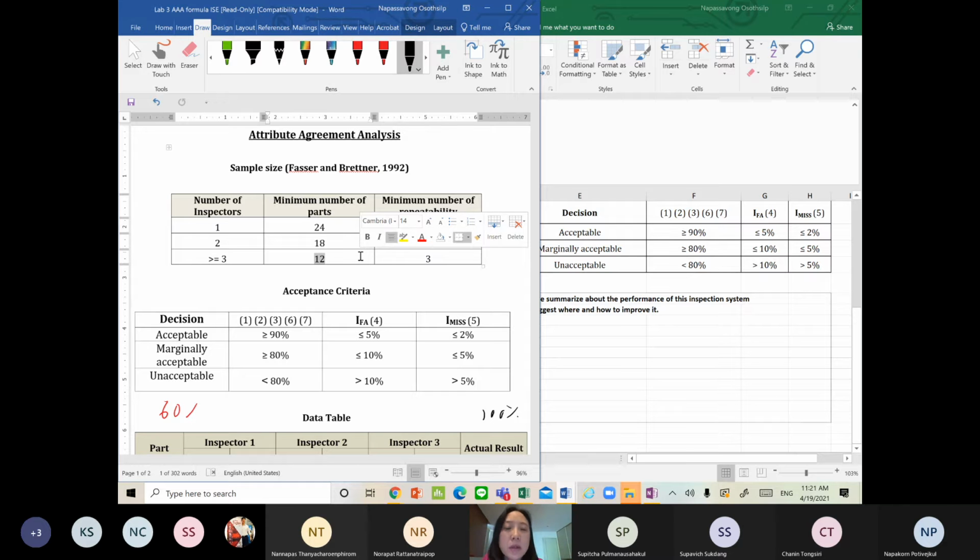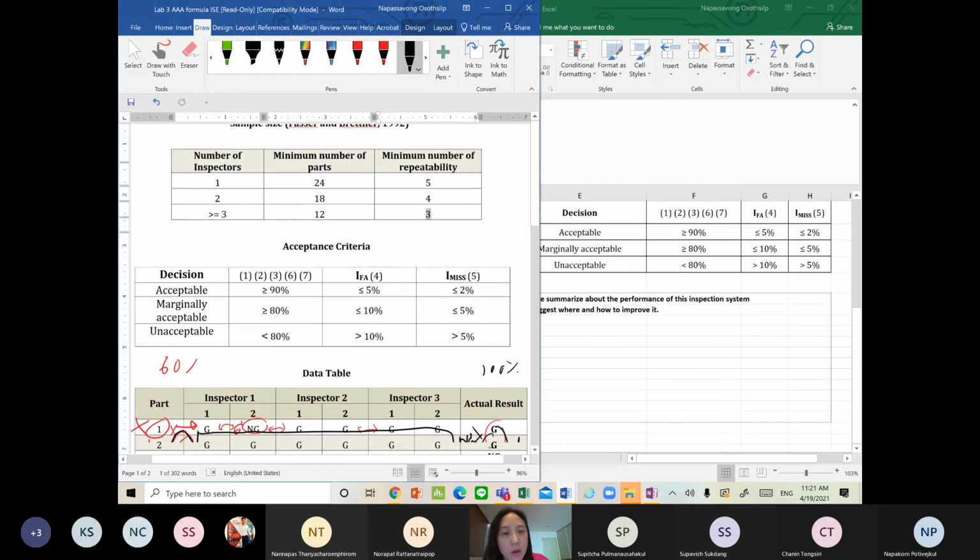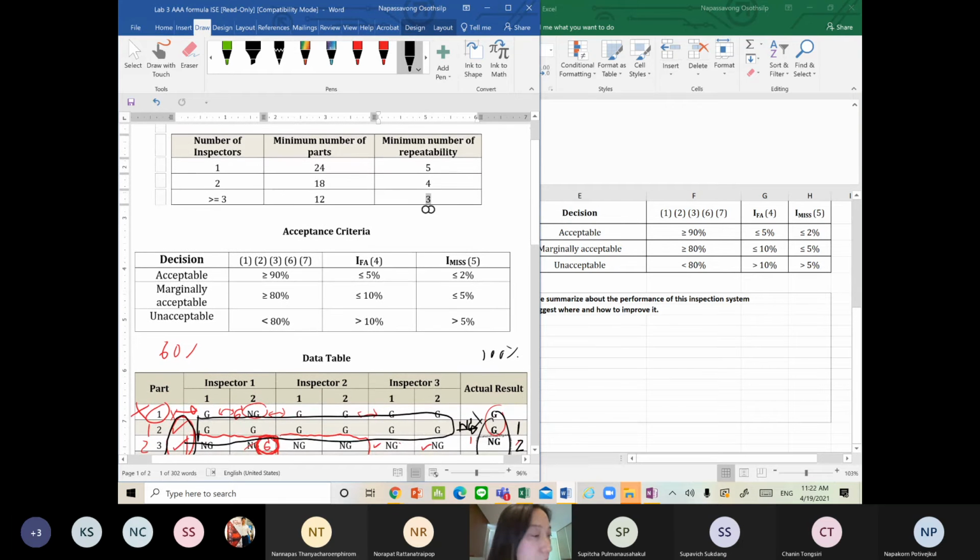Good. And how about the number of replications, or the number of repeatability, in this case? Anyone can help? Is it enough? We should do it one more time. Okay, very good.